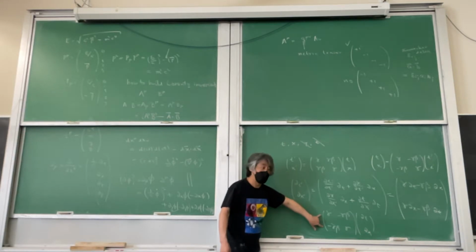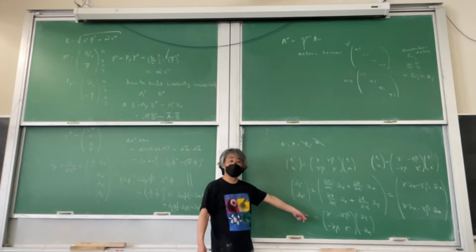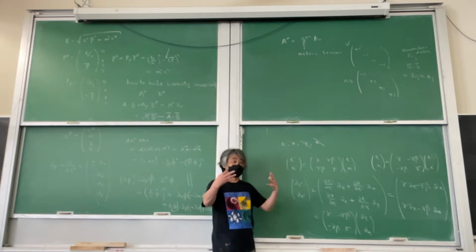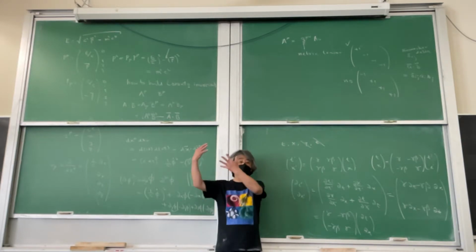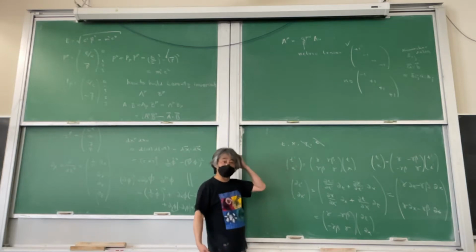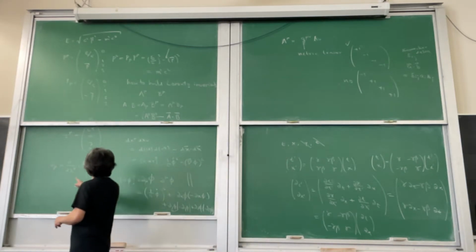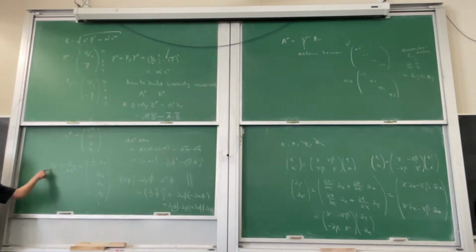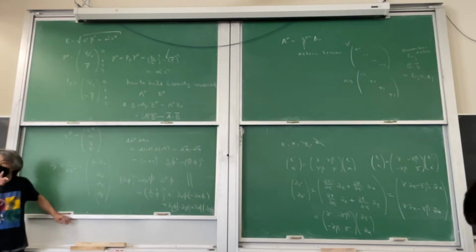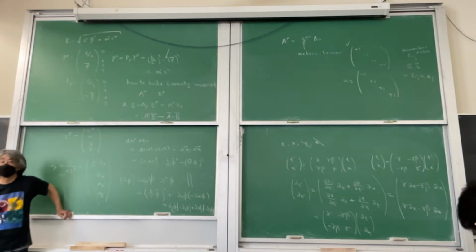So this is why this is meant to be a lower index object, because it transforms as the inverse of the upper index objects, which are the space-time coordinates, and that's why derivatives defined this way transform as a lower index object. Okay? Thank you for asking. Any other questions?